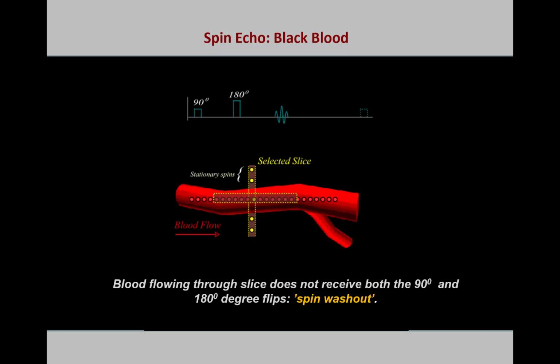Say we had a case where the flow was actually in the plane of the slice that we are imaging. Well, in that case, the technique breaks down, because the flowing spins are in the selected slice, which means they are going to be affected by both the 90-degree pulse and the 180-degree pulse, which means they will contribute to signal, which means the black blood effect isn't going to happen.